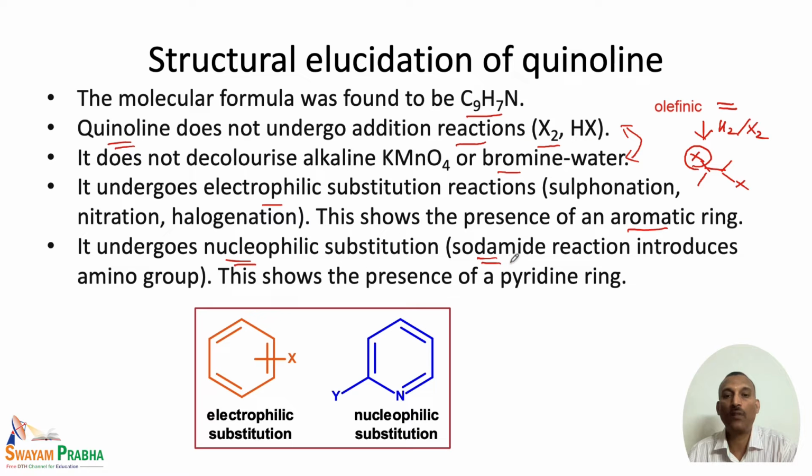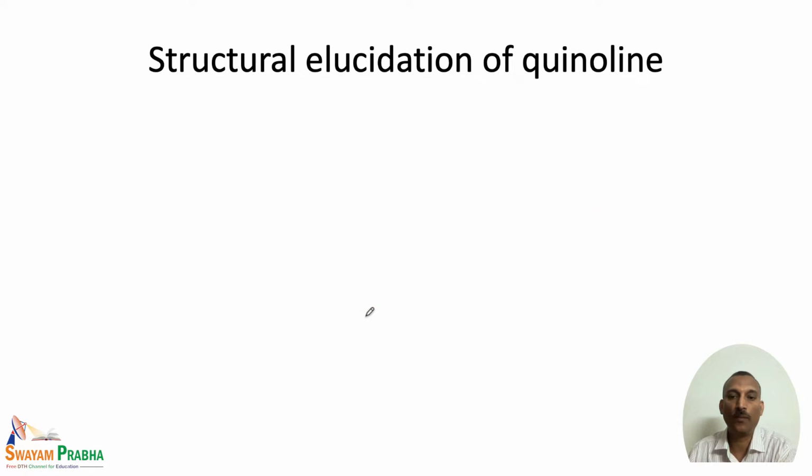Sodamide when treated with quinoline leads to the introduction of the amino group. So, this is an example to tell that the compound quinoline has 2 types of ring structures. One is the benzene ring structure, another one is a pyridine ring structure. So, this is a hint for us to deduce what is the actual structure of quinoline.